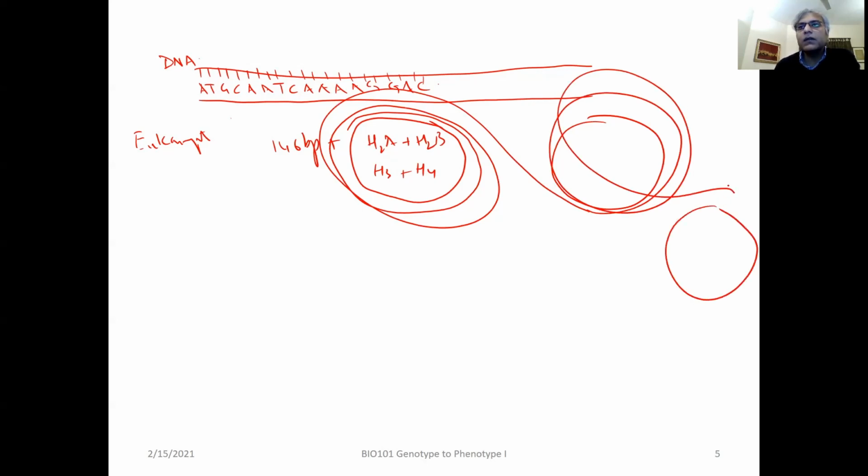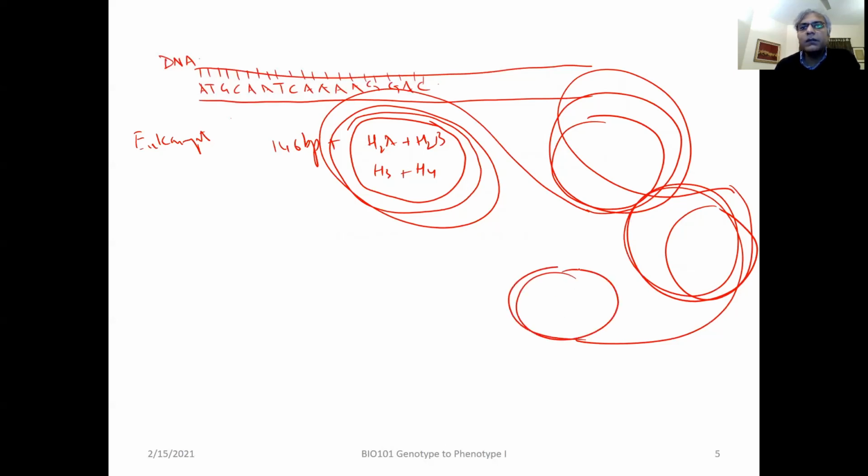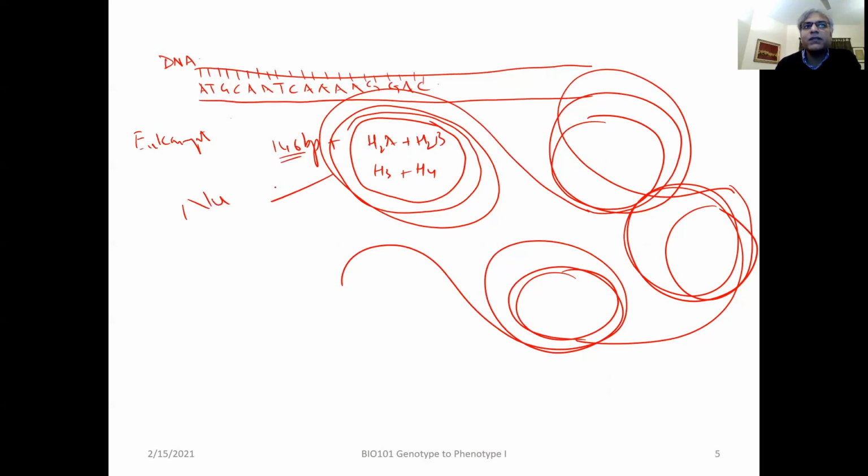Then next nucleosome, DNA goes like this. Then next nucleosome. So one single 146 base pair of DNA plus histones is called nucleosome in eukaryotes. And these nucleosomes joined together like this, we call them chromatin.